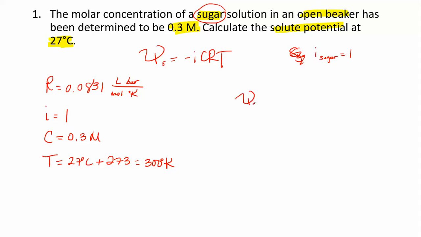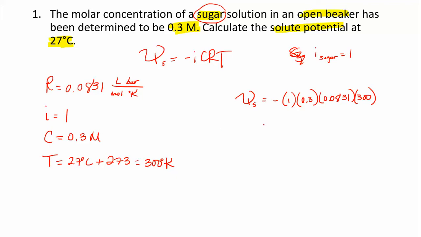So our solute potential is going to be negative. Don't forget the negative sign. 1 times 0.3 times 0.0831 times 300. I know I've left the units out. That is to save time, to not have to go over unit math.